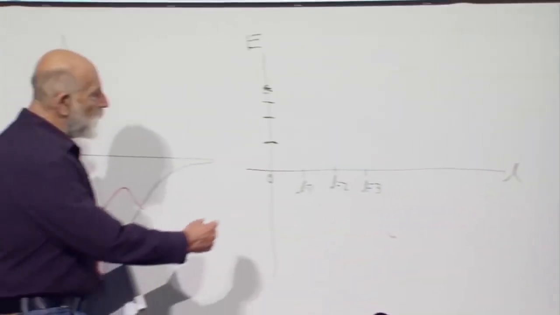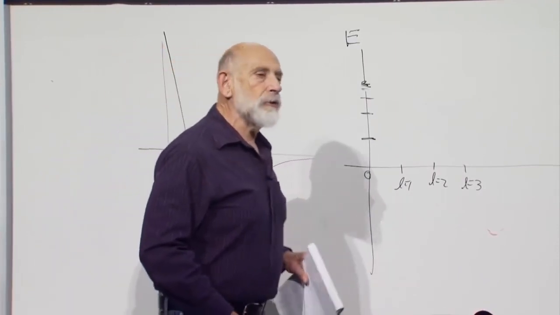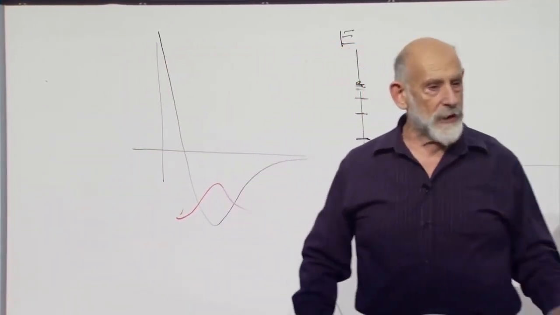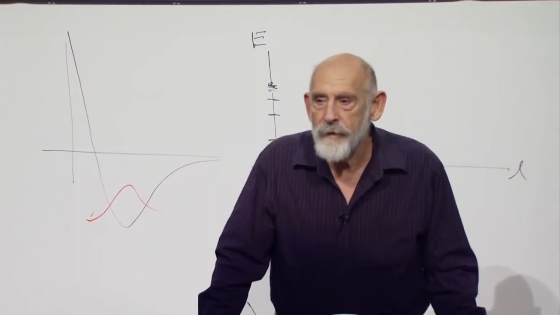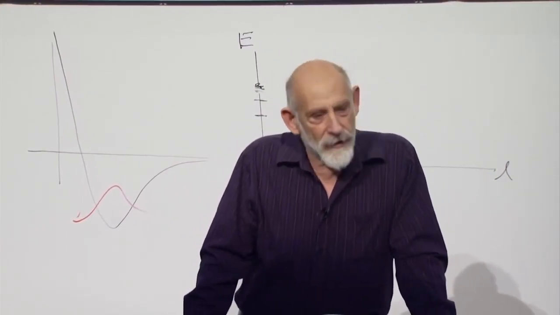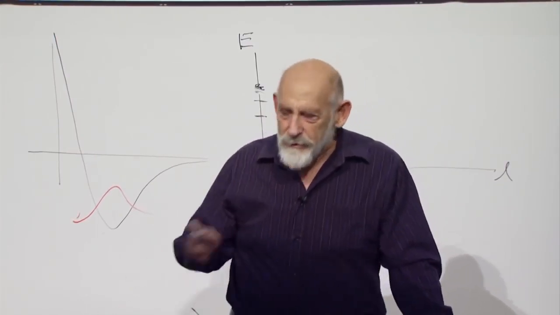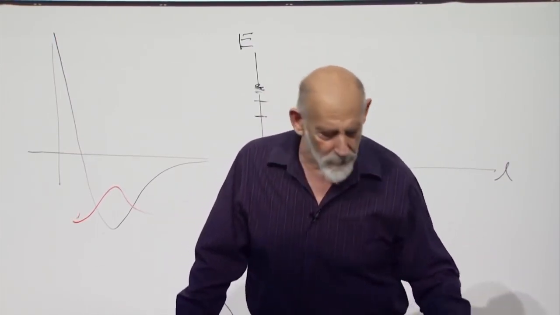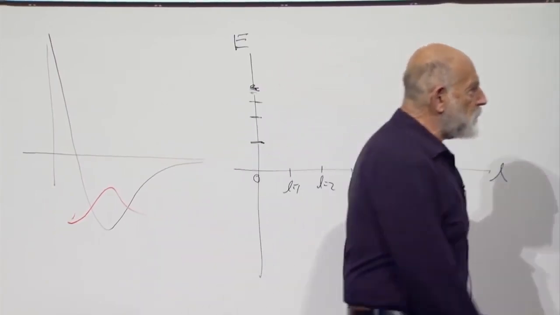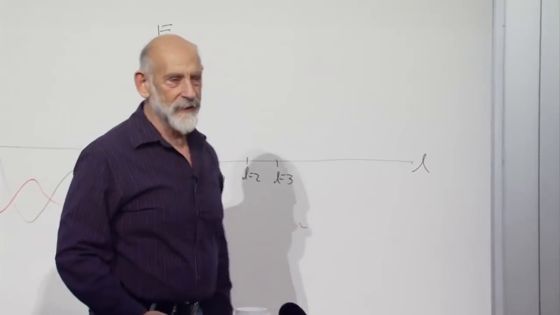At L equals 1, we will also find things with one node. Will their energy be larger or smaller than the L equals 0 state with no node? Just a wild guess. Yeah, it's got angular momentum. It's swinging around there. And besides which, this is a positive term in the Hamiltonian. So how could it possibly lower the energy? And it can't.